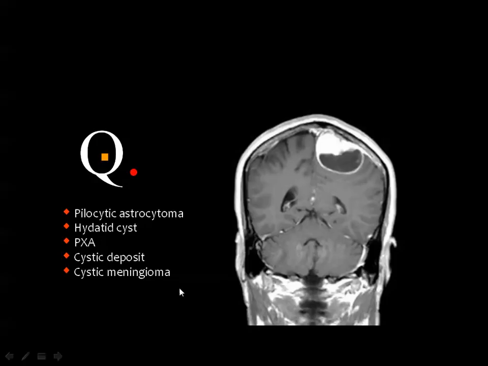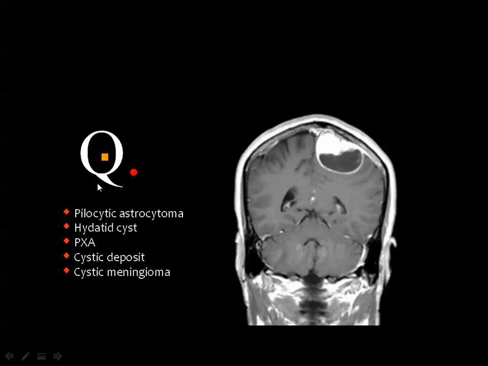MRI of the brain, coronal scan after gadolinium enhancement. There is a lesion on the left side on the surface of the brain, showing a cystic component and an enhancing mural nodule, and the nodule is based to the dura.